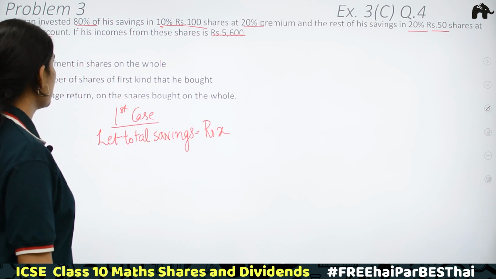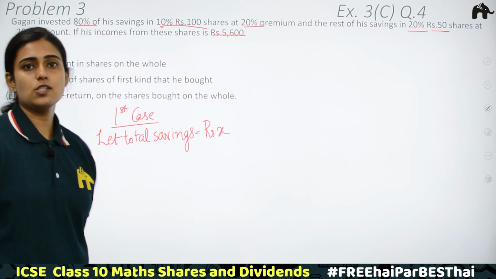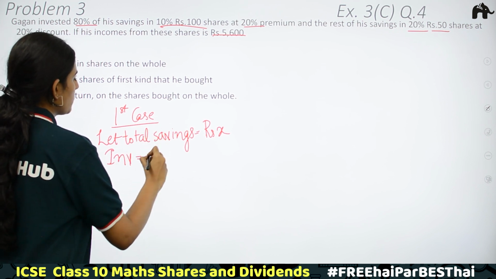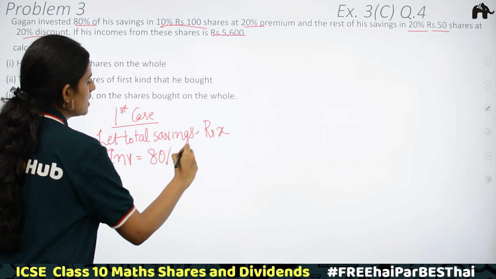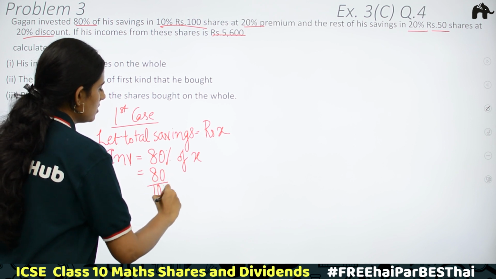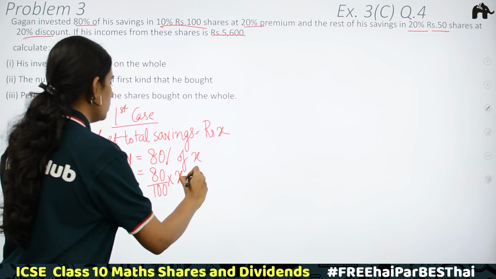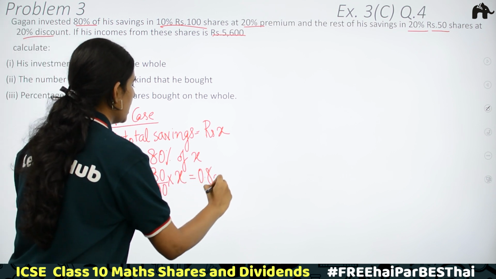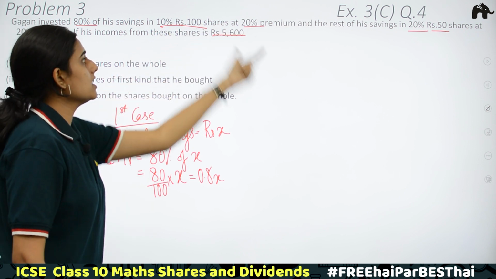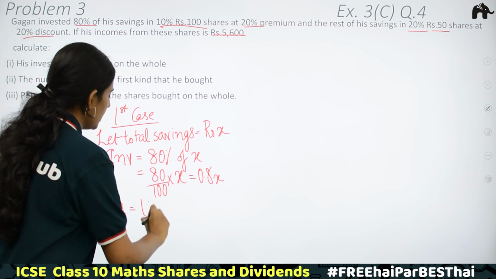Now here it is given that investment in the first case is 80% of his savings. So here the investment is 80% of X, that is 80 by 100 into X, equal to 0.8X. Then 10% rupees 100 shares. Rate of dividend is given, that is 10%.